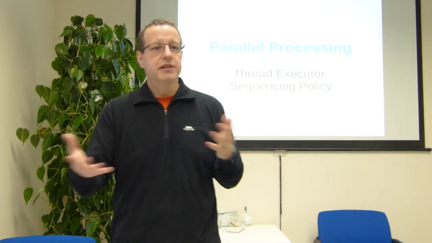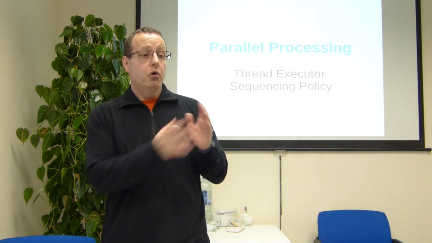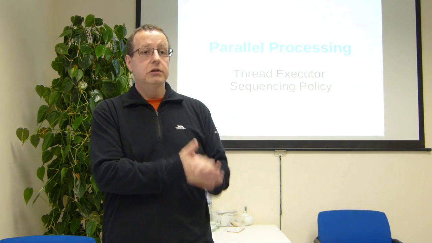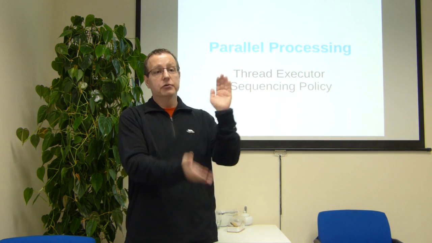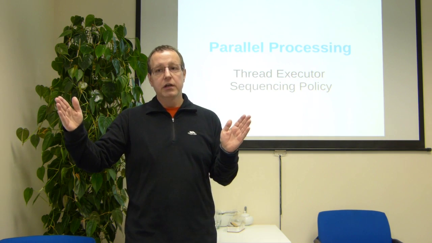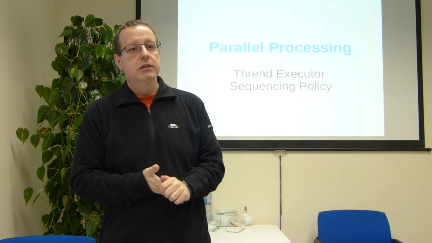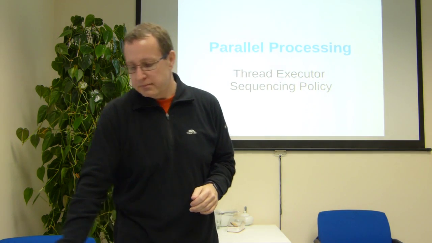So you've got some standard sequencing policies, such as all events for a single aggregate instance or aggregate ID are handled sequentially, but between different aggregates they can handle in parallel, which is probably the one you'd want. But they've got standard stuff for that.